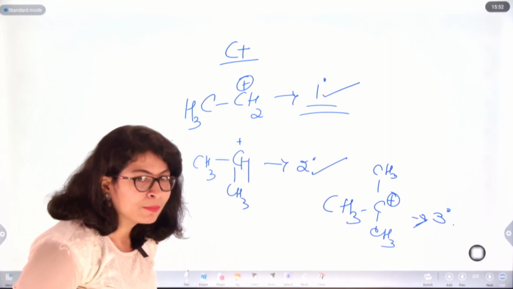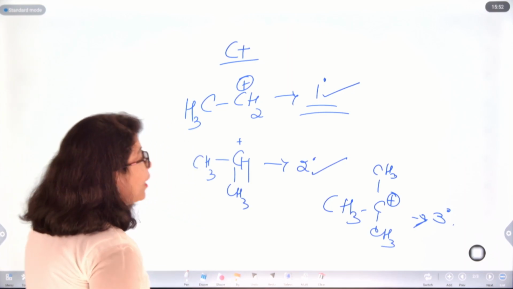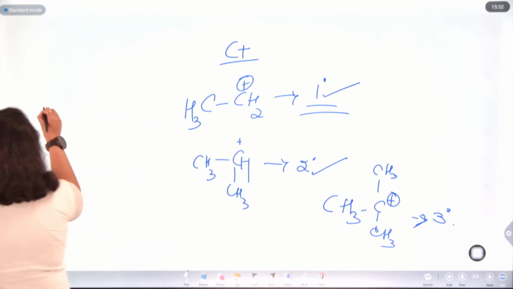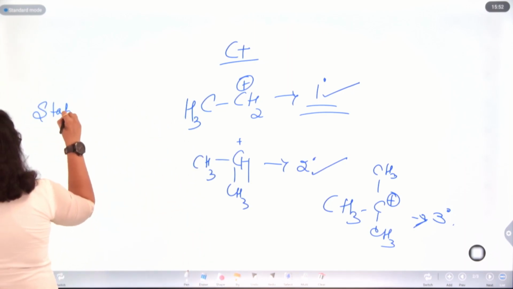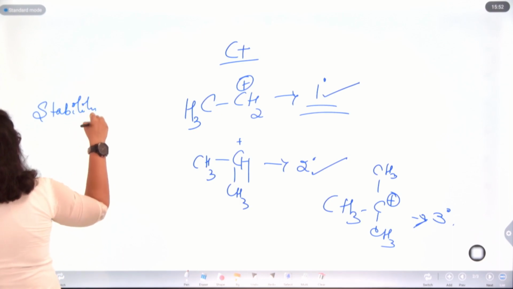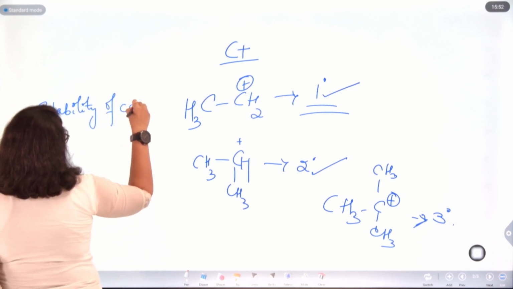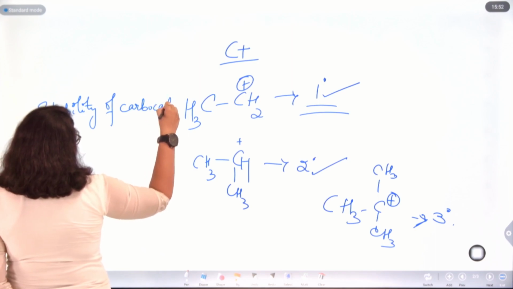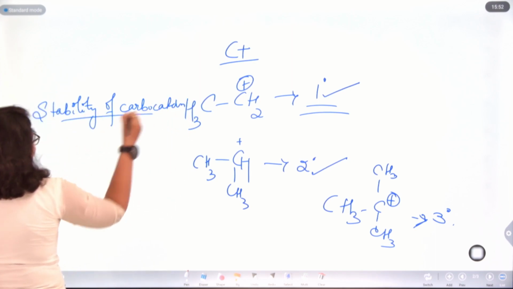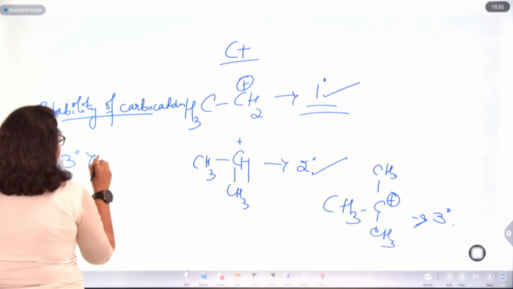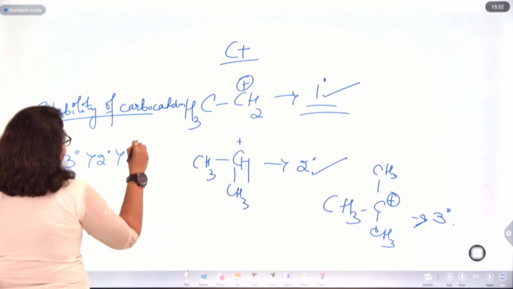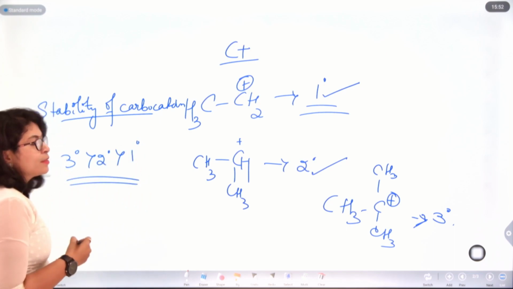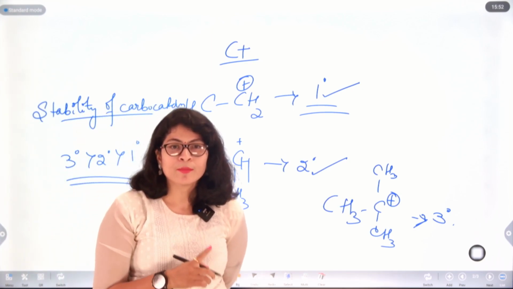But for now, remember the stability of carbocation follows the order 3 degree greater than 2 degree greater than 1 degree. Okay, this is the stability order for carbocation.